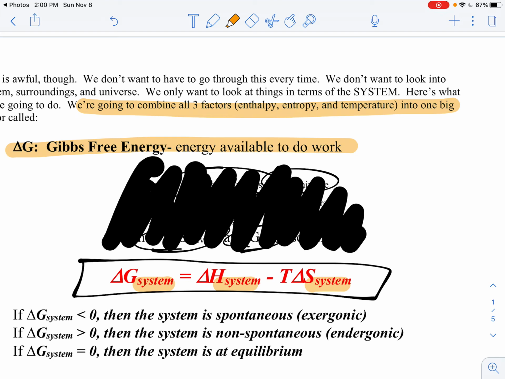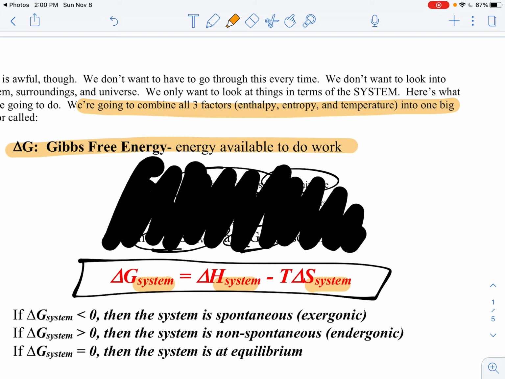Because the Gibbs free energy of a system is temperature dependent, depending on the signs of your delta H and your delta S, they could work together, they could work apart, they could do any number of different things, and the temperature might actually play a factor in whether or not the reaction is spontaneous or non-spontaneous. So let's take a look at what is happening here.